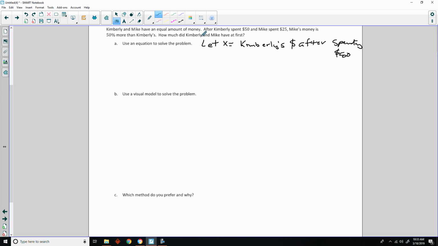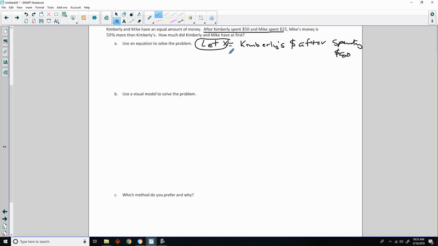Because it says here, Kimberly and Mike have an equal amount of money. After Kimberly spent $50, that will be our x. And Mike spent 25. Mike's money is 50% more than Kimberly's. How much did Kimberly and Mike have at first?